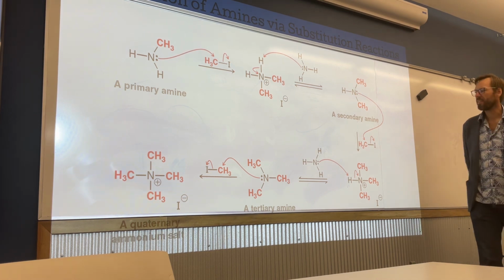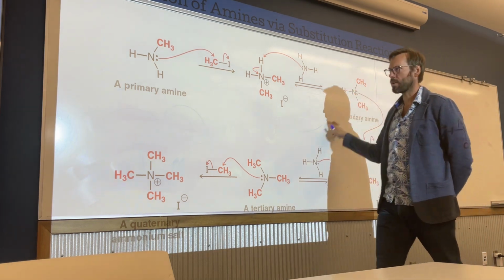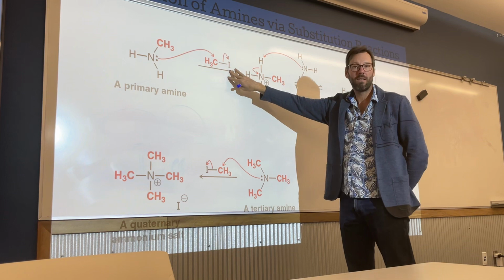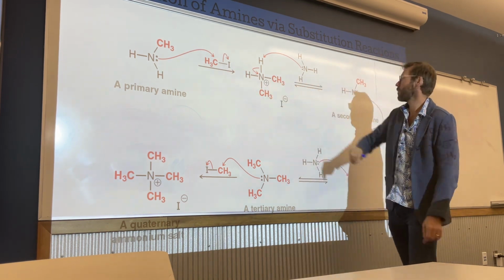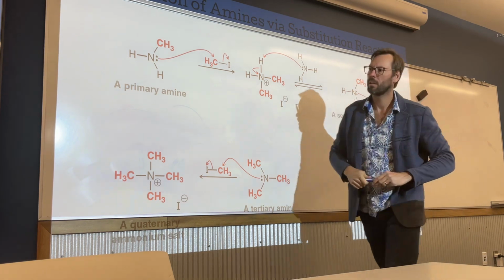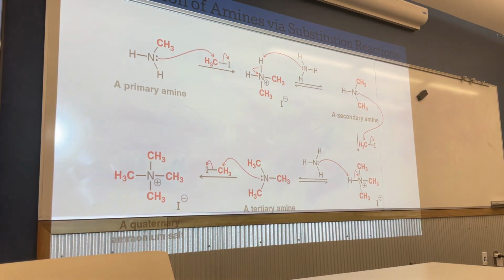Okay, and this is kind of what that's talking about. So, we have a primary amine. If we have excess of that halide, we just keep tacking them on to eventually get our quat here. There's not much coaxing that needs to be done.